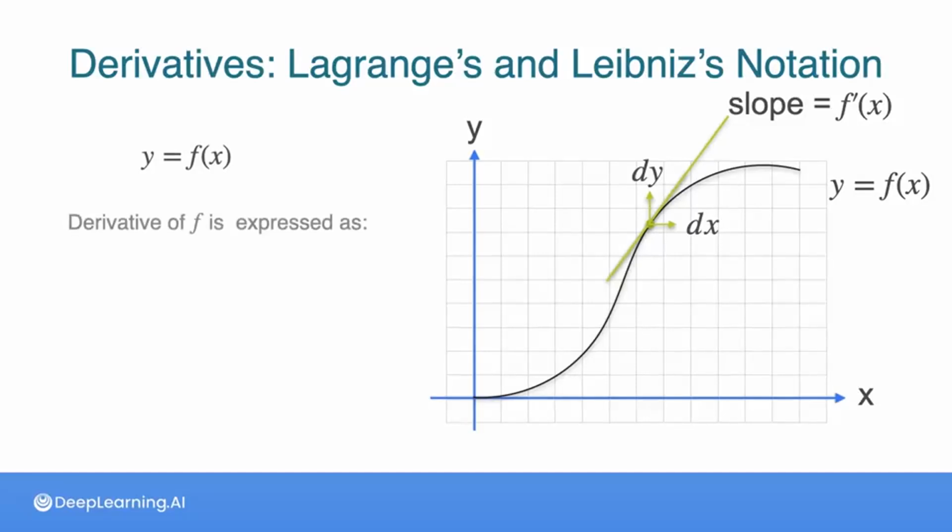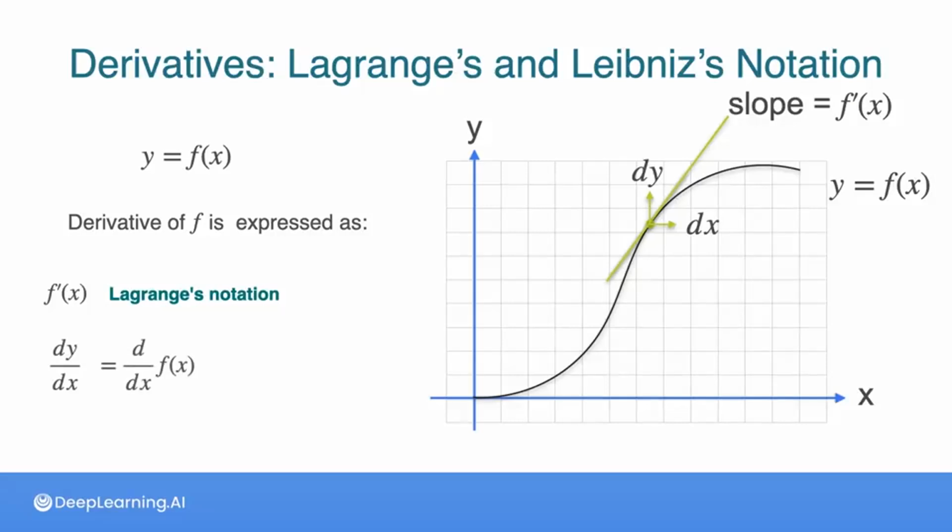Now the derivative can be expressed in two ways. One is as f prime of x. So recall the function is f, and at the point x, the slope of the line is f prime of x. That is Lagrange's notation. And the other one is the one you just saw, which is dy over dx. That can also be expressed as d over dx of f of x.